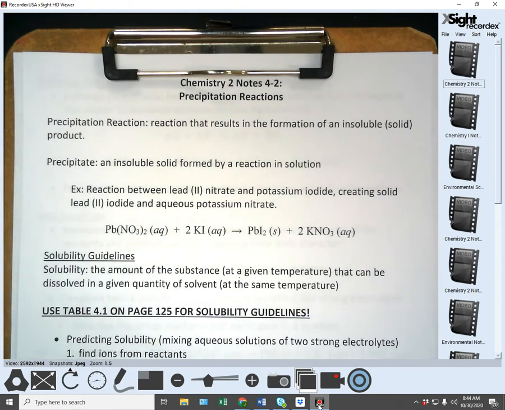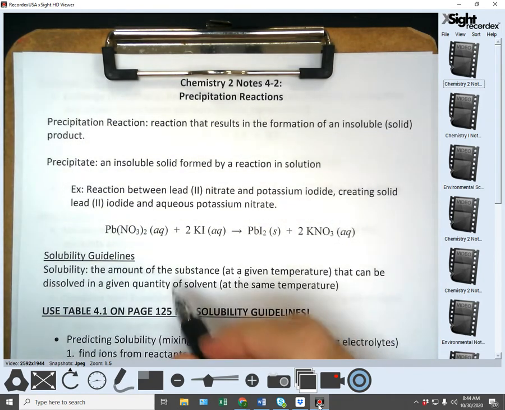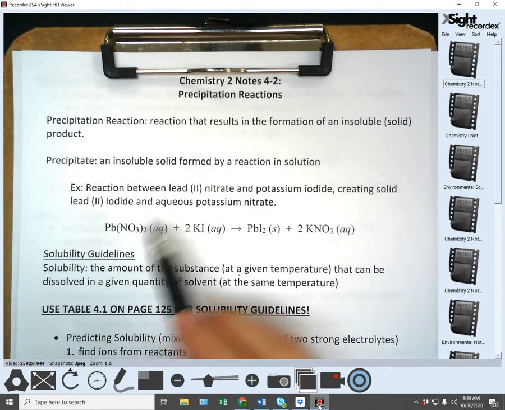The difference between aqueous and liquid is that liquid is the state of matter of the pure substance, whereas aqueous is the substance dissolved in something else, like water. We don't put the water there because the water doesn't really affect anything.